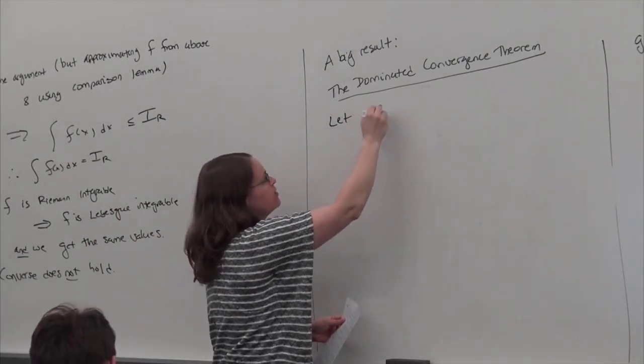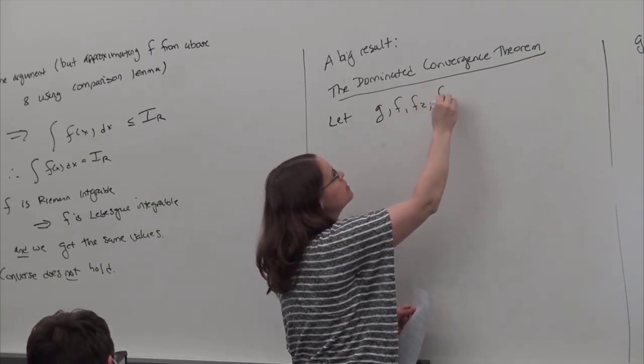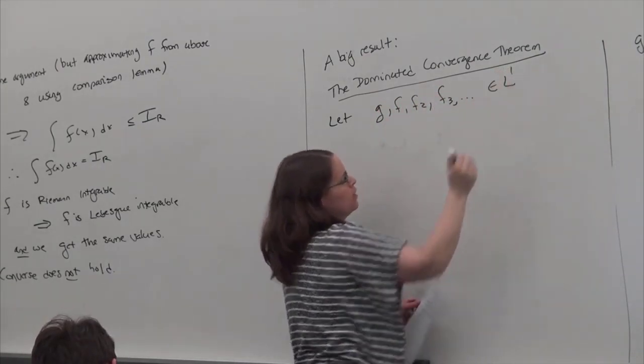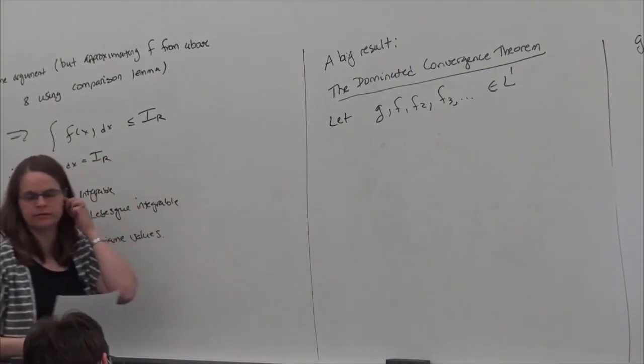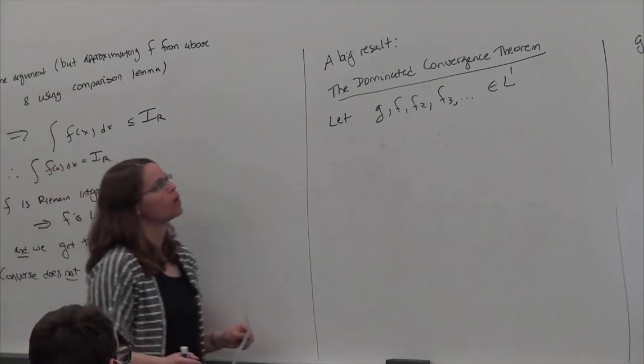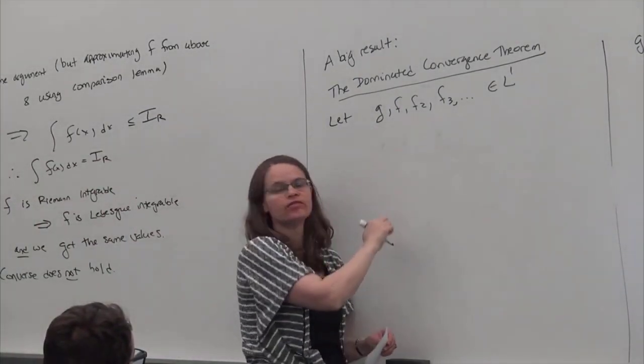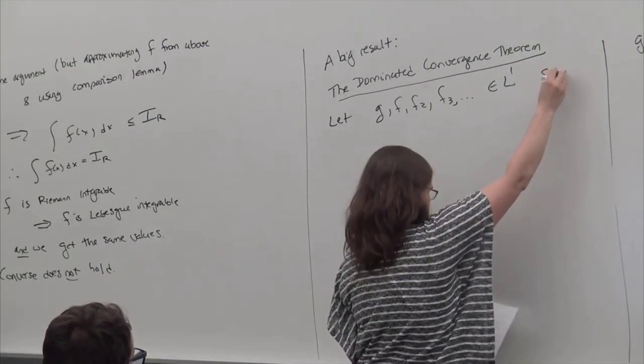So let's suppose that we have g, f1, f2, this whole sequence that are all in L1. So they're all integrable. Okay, and importantly, this function g is going to act as a bound on the rest of these functions in the sequence.